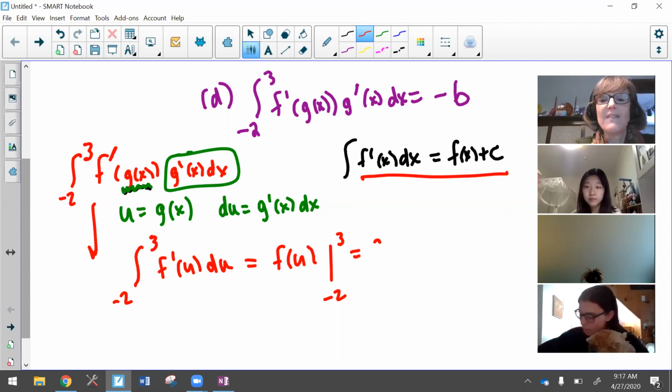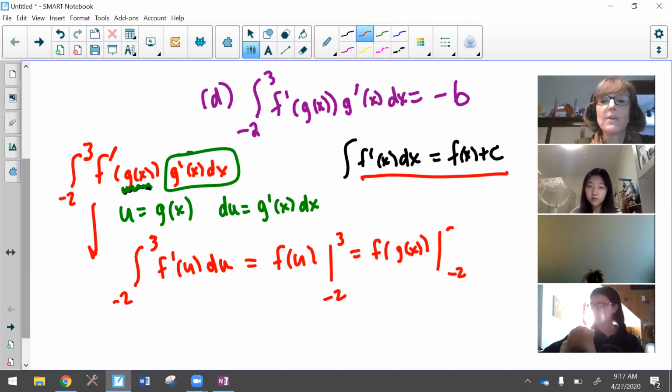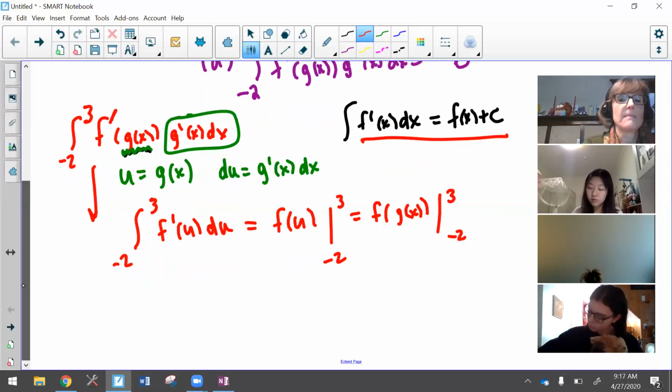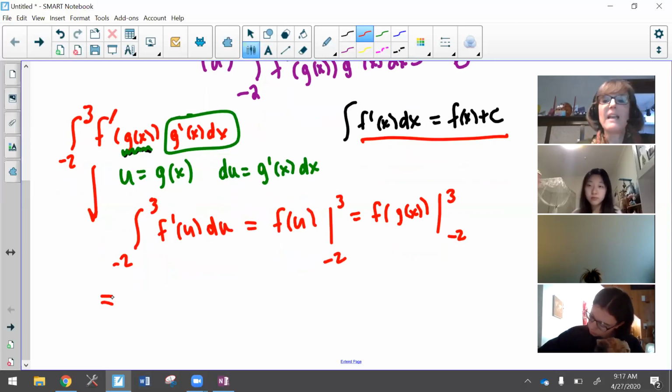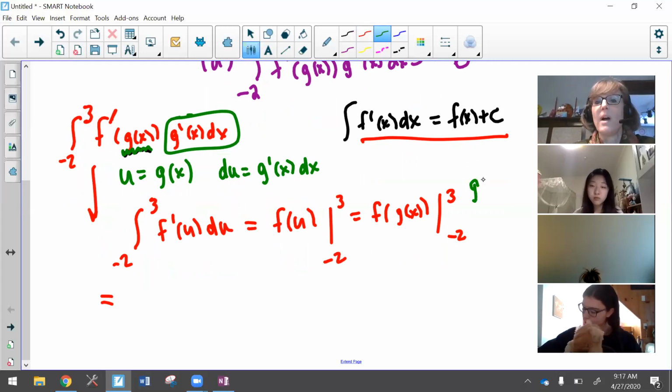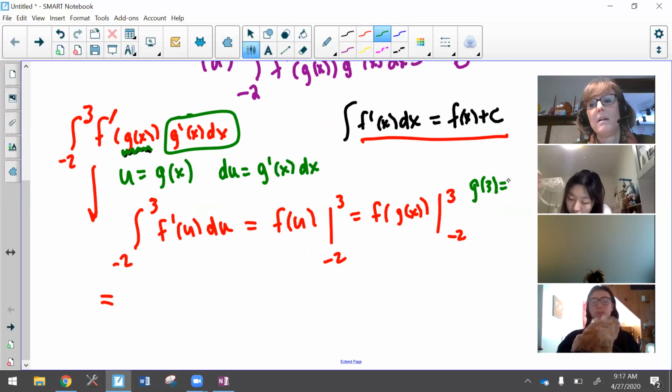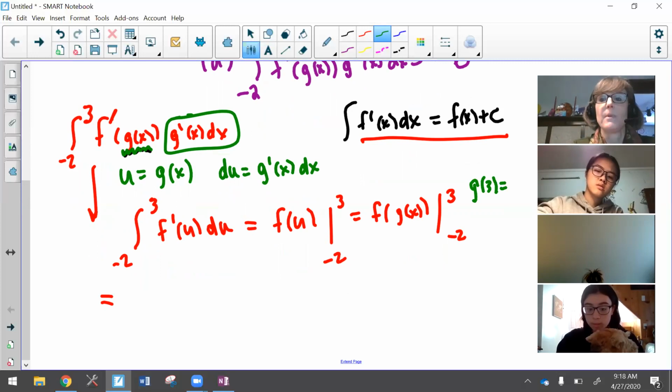Okay, so this is going to give us f of g of x from -2 to 3. And then you have to look up on the table. Okay, so what's g of 3 going to be from the table? 1. Good.